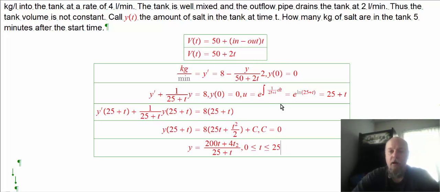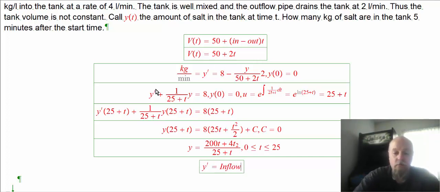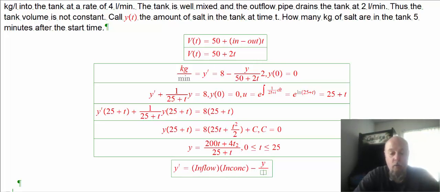This one is an example of what happens if the volume is changing, if the flow rate in is different from the flow rate out. So I think I can make a sort of general form for this. y prime is equal to inflow times in concentration minus y over the volume, and we have a formula for the volume.